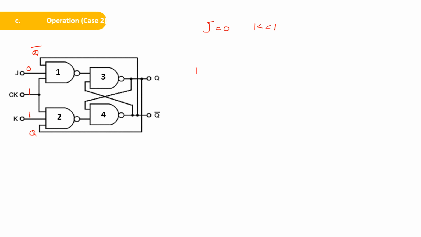So if you take the NAND gate 1, the inputs are 1, 0 and Q bar. So the output will be 1.